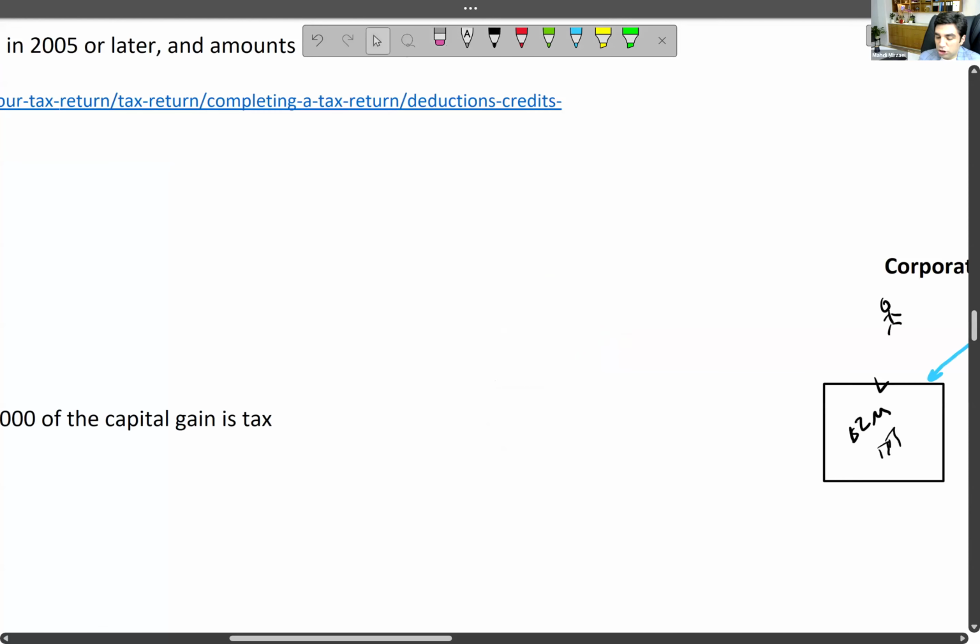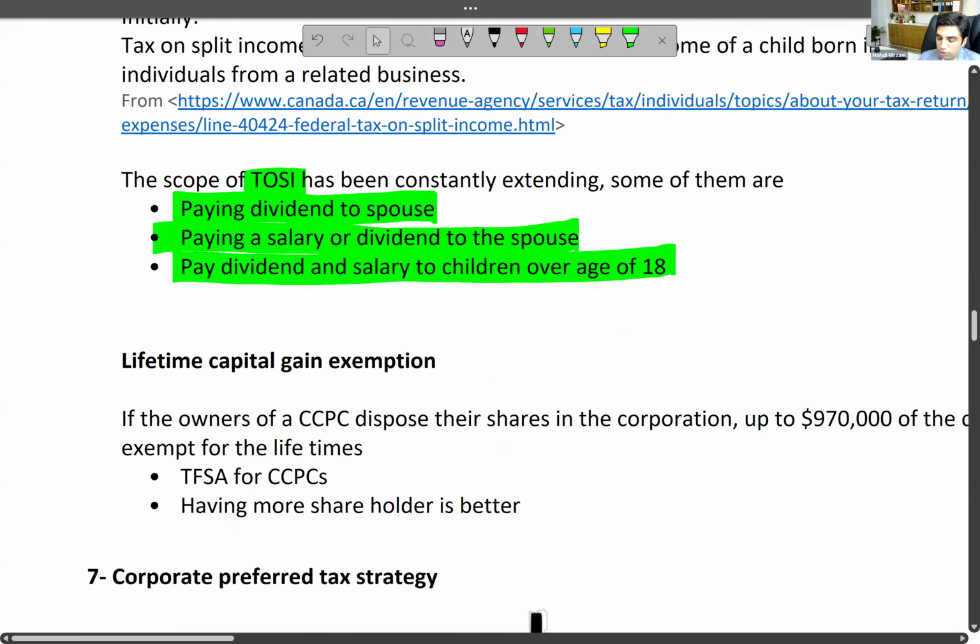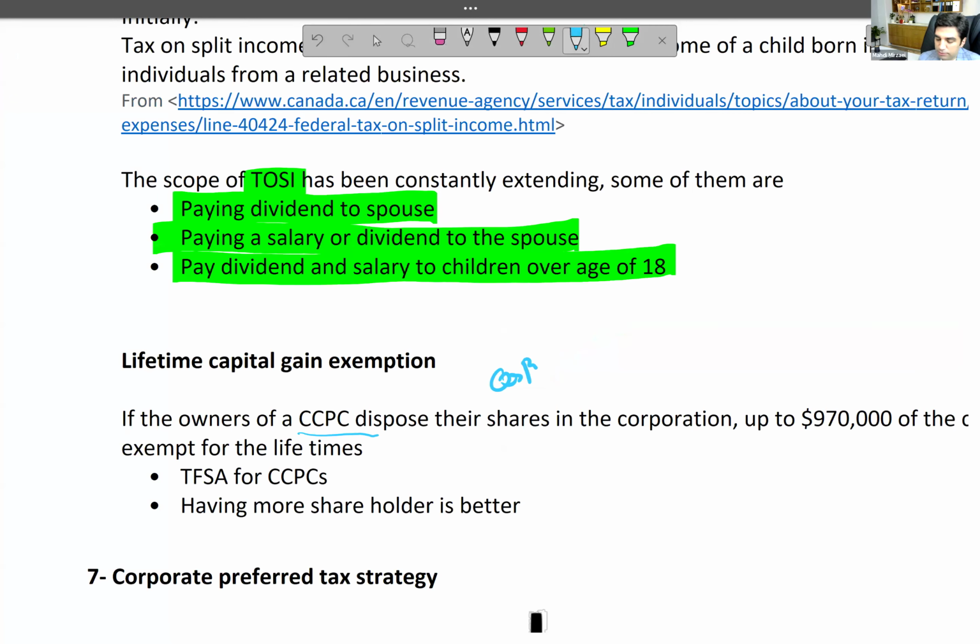If you dispose the shares of a CCPC, and it should be a qualified small business, that I'm not going to jump into the details of, so in general, if you sell the shares of a Canadian controlled private corporation that is active, then up to this number, which has changed, it's now $1.25 million, of the capital gain that you make is going to be tax-free.